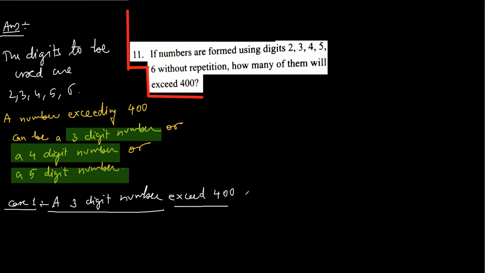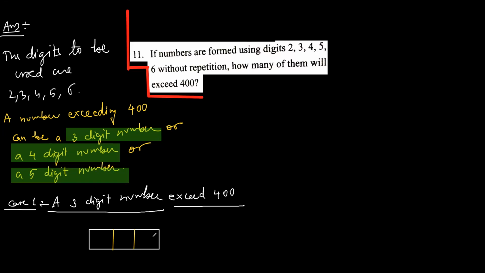Now see students, if you want a three-digit number which is exceeding 400, first of all, you always have to understand the work that you got to do here. What is the work that you got to do? The work that you got to do is this. See here.